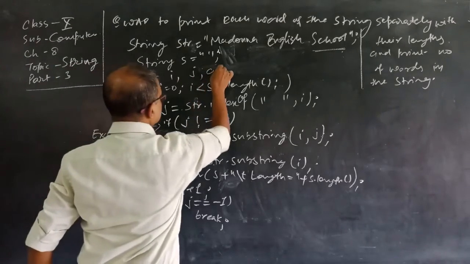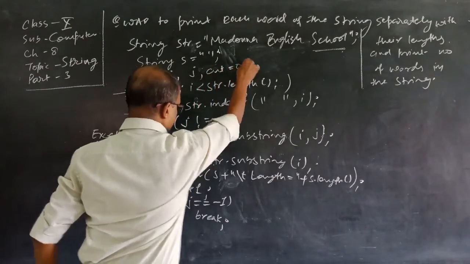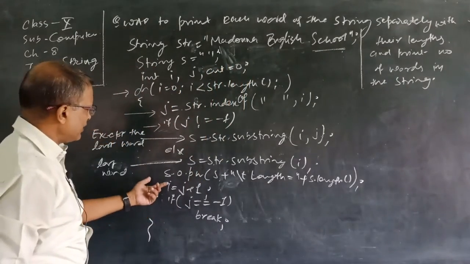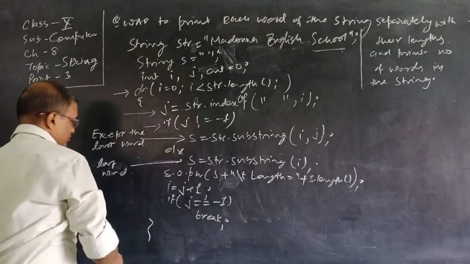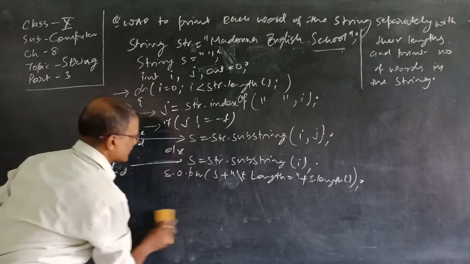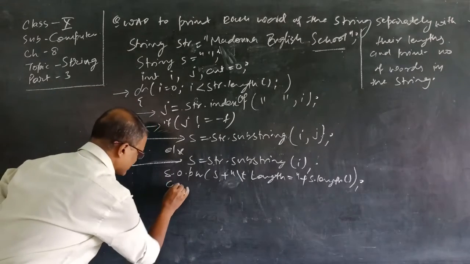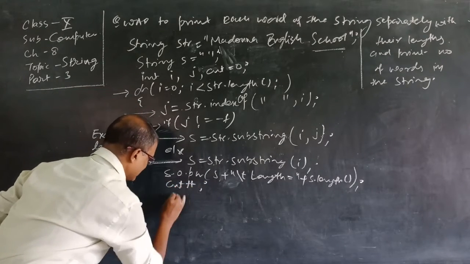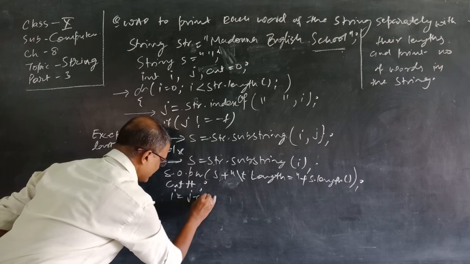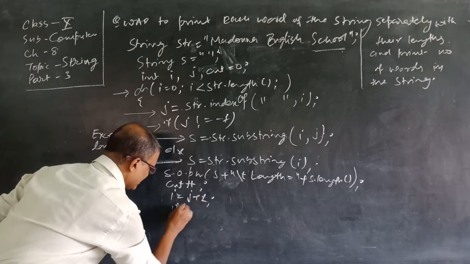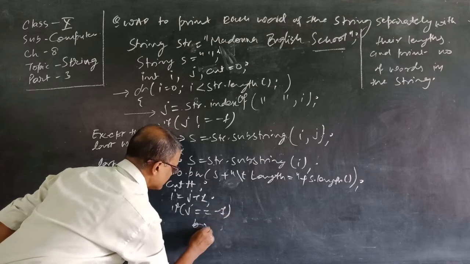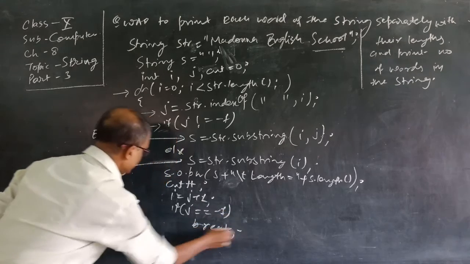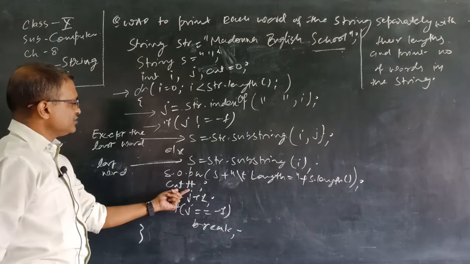Definitely you have to use a counter equal to 0 here. After printing, just make the counter cnt plus plus, i equal to j plus 1. The rest will remain the same. If j equal to minus 1, then break. Okay, close the loop. Now here is a simple counter.